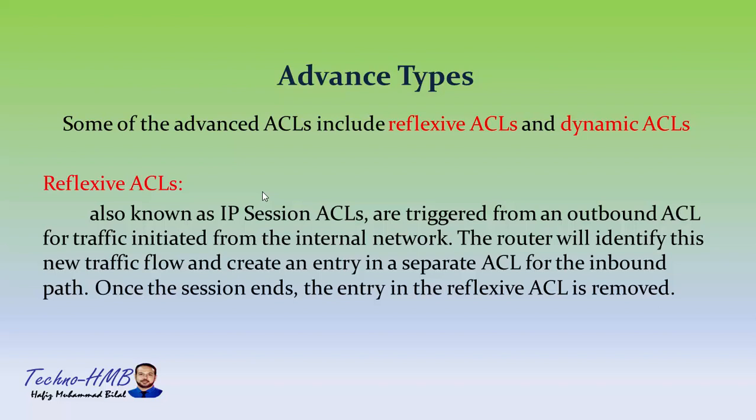Going to the definition of reflexive ACLs, also known as IP session ACLs, they are triggered from an inbound ACL for traffic initiated from the internal network. The router will identify this new traffic flow and create an entry in the separate ACL for the inbound path. Once the session ends, the entry in the reflexive ACL is removed.